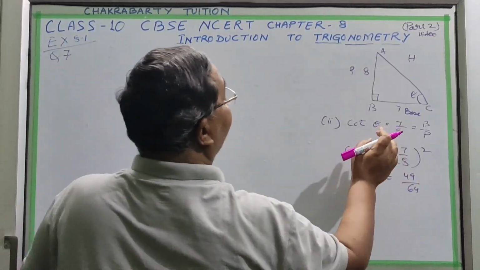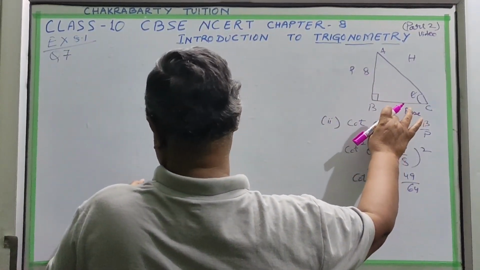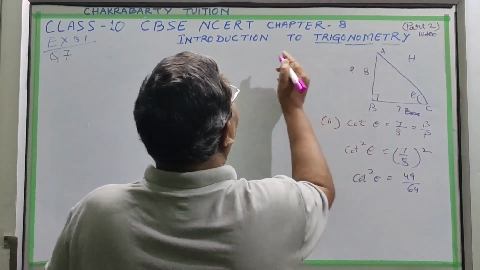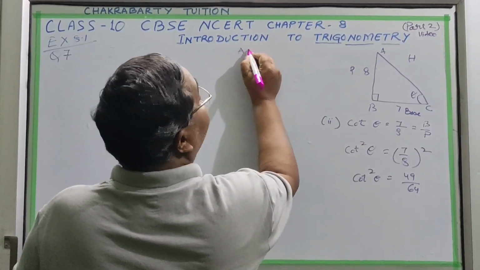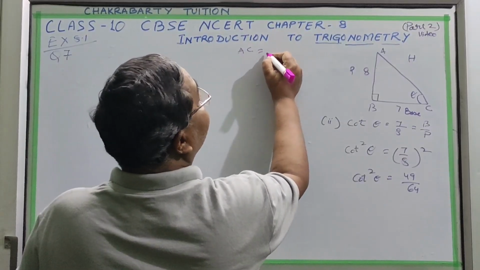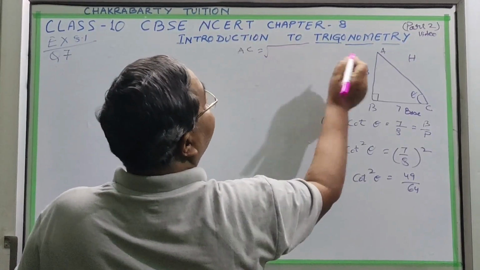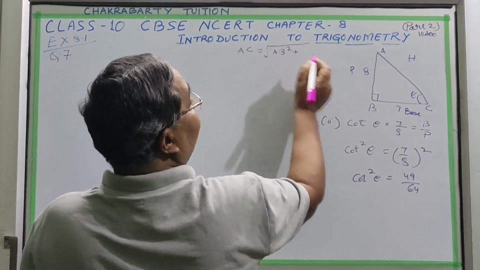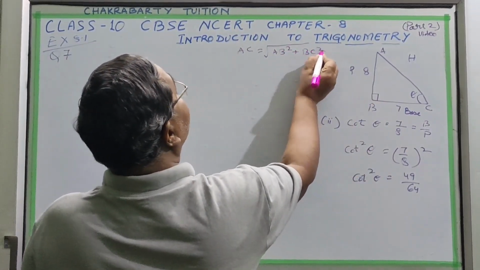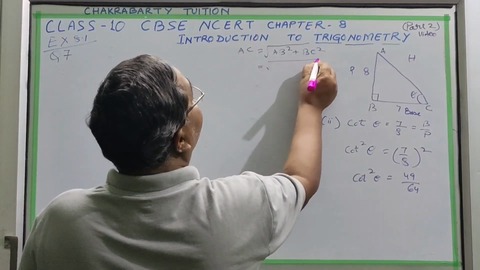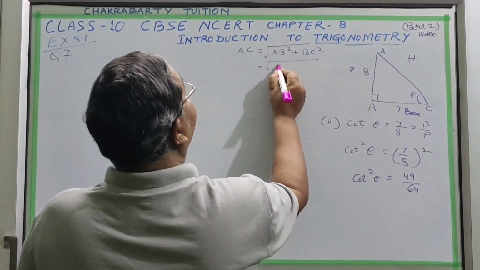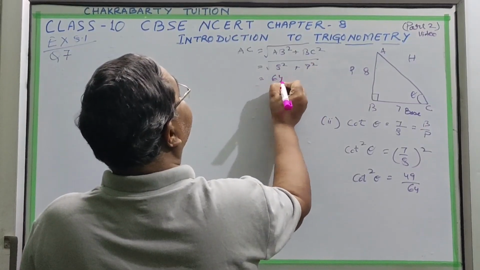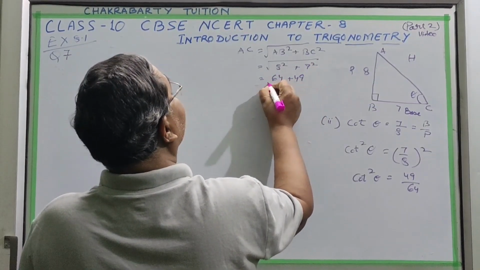Now if these are it, we have to find first AC. So AC will be under root AB perpendicular square plus base square, BC square, is equal to AB is 8 square plus 7 square, means 64 plus 49.